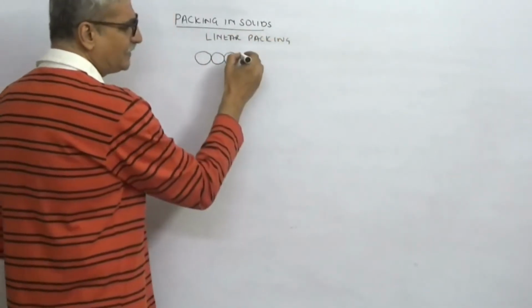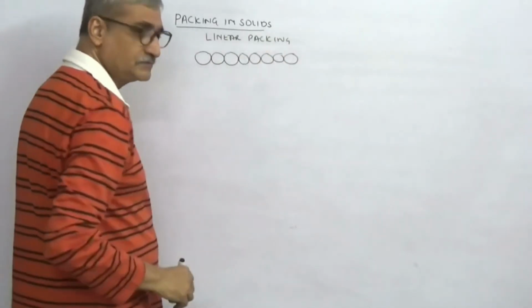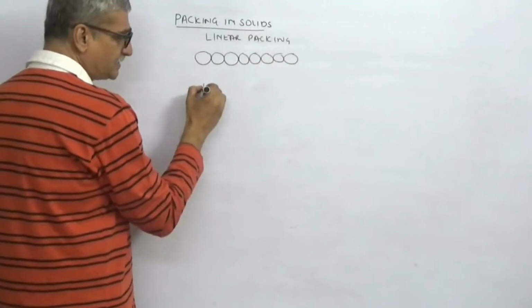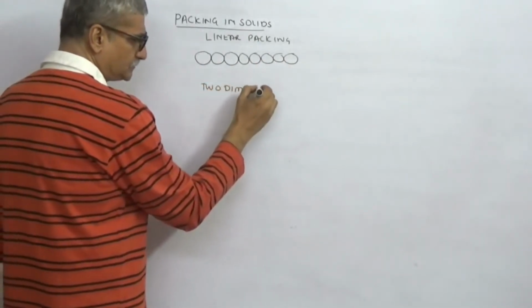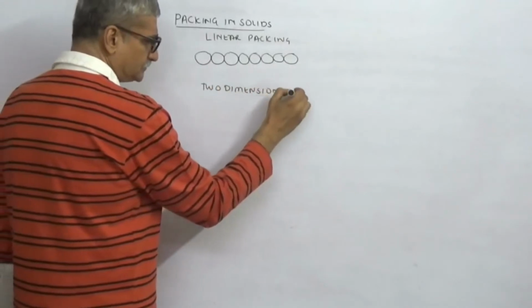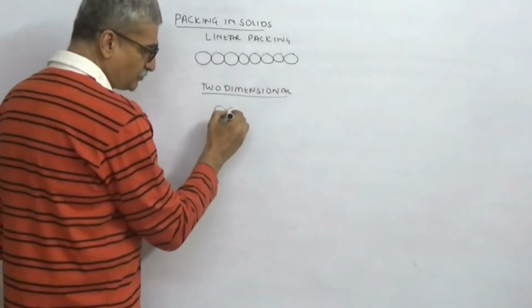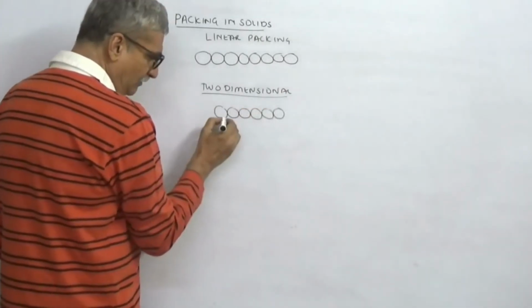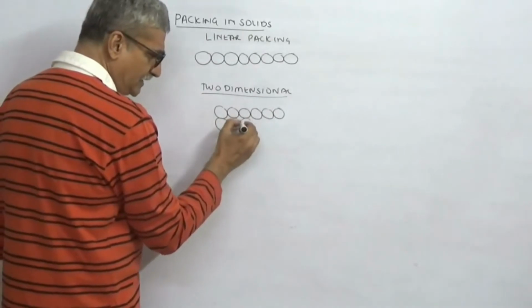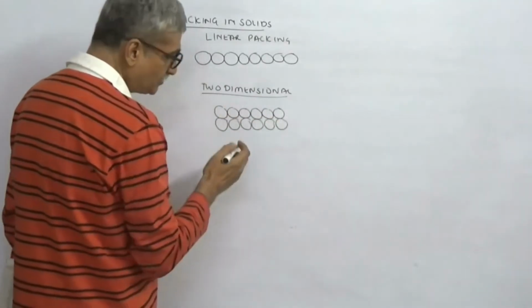Atoms will simply be present in rows. Now when you come to two dimensions, you have atoms, this is one linear packing, and the other one can be just below that. This is one possibility. This is called open packing.